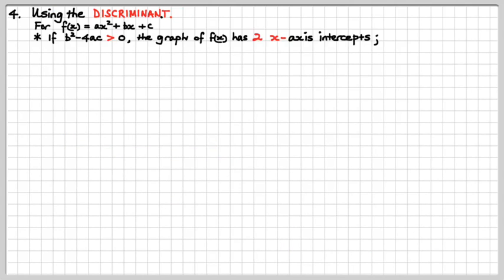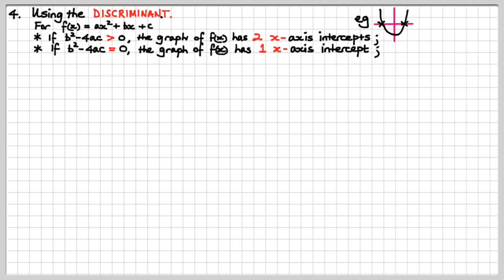Now, if b squared minus 4ac is greater than naught, that thing under the square root sign, then the graph is going to have 2 solutions, two x-axis intercepts. That's an example. If b squared minus 4ac equals naught, then the graph of f of x has 1 x-axis intercept, and there's an example.